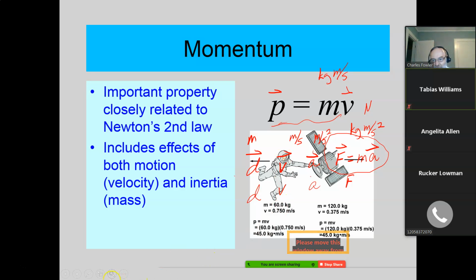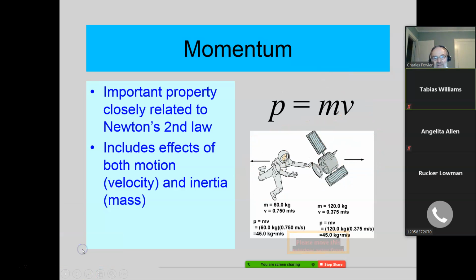Let me remove some of my scratch here so you can see the slide a little bit better. Here we have the astronaut out there in space, and here we have the spacecraft, and he's going to push against this. The mass of the astronaut was 60 kilograms. His or her velocity is 0.75 meters per second in the opposite direction.